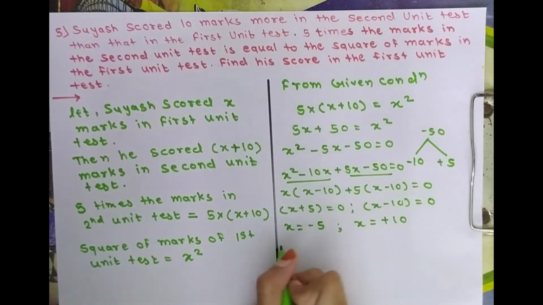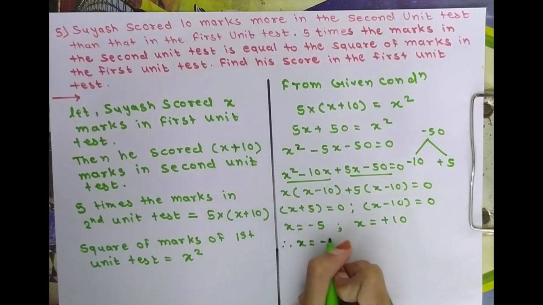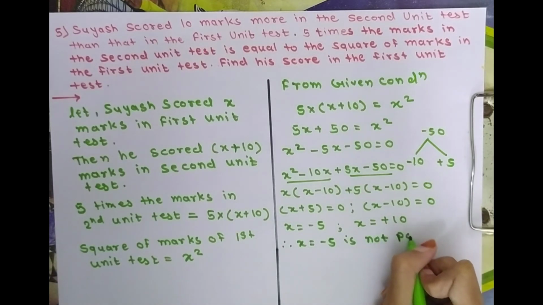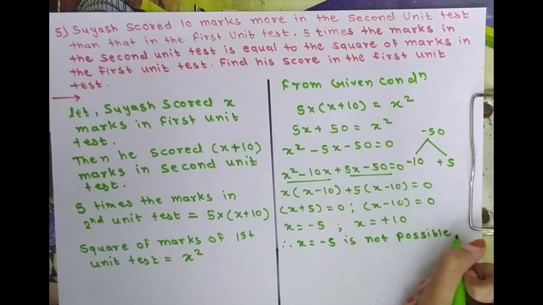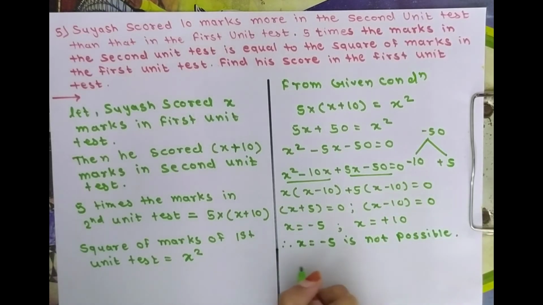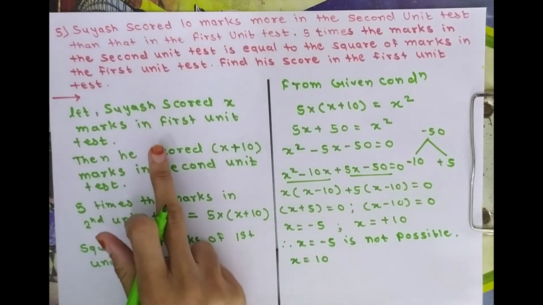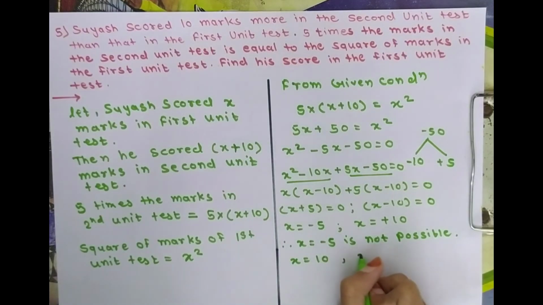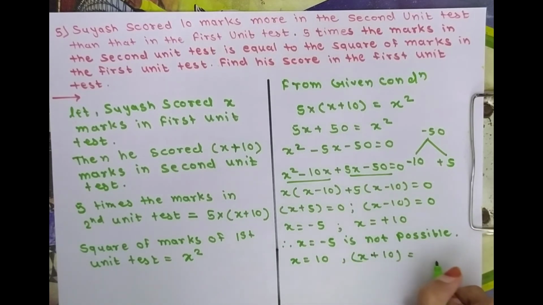Marks cannot be negative. So x is equal to 10 and this first unit test score is x is equal to 10 and second unit test is what? X plus 10 is equal to 10 plus 10 is 20.